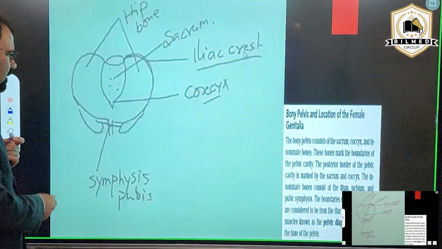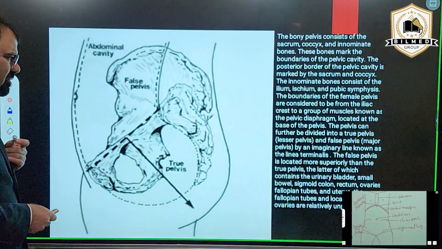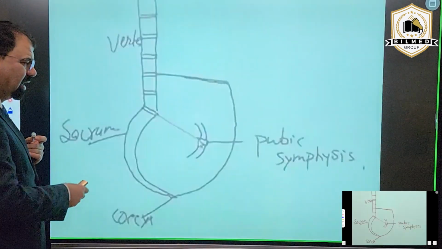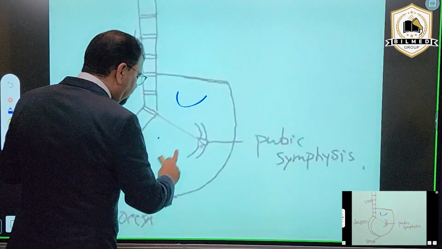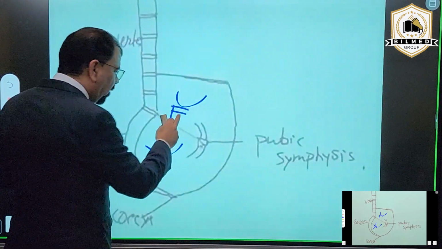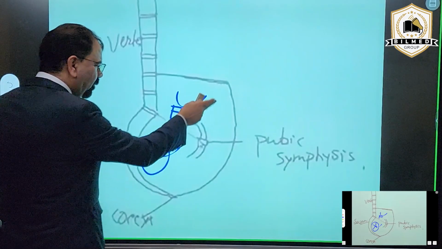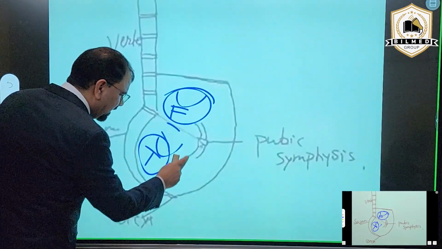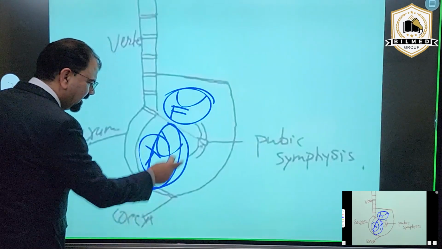Now, there are many muscles which you have to keep in mind. There is a pelvic space, a true and a false pelvis. This is the true pelvis and this is the false pelvis. Why should I know about the true and the false pelvis? Sometimes I have a pedunculated fibroid.